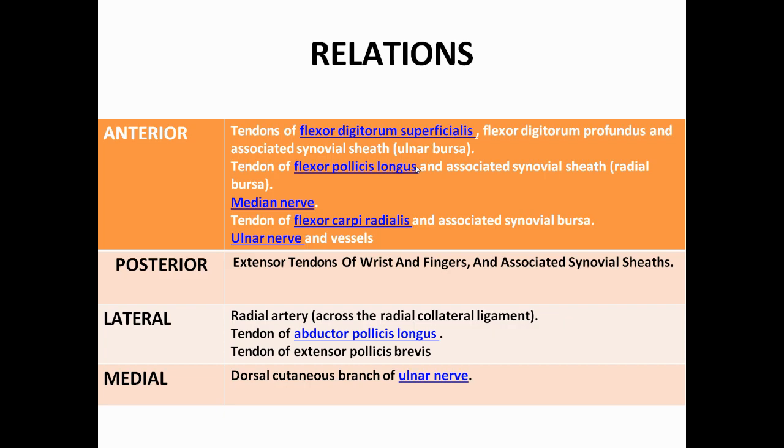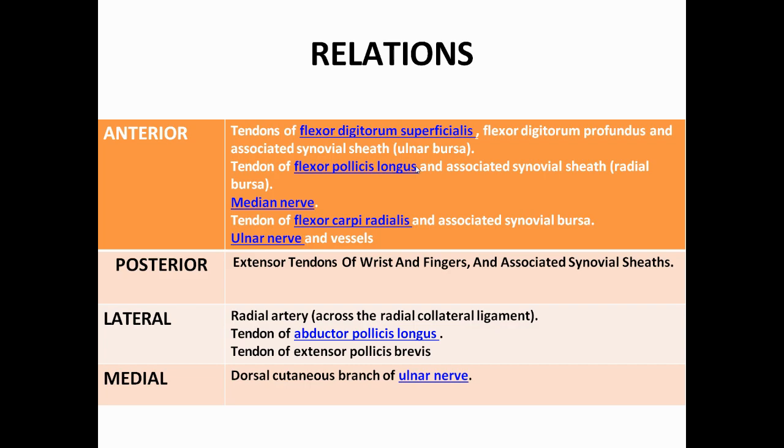What are the relations of the wrist joint? Anteriorly, there are the tendons of flexor digitorum superficialis, flexor digitorum profundus and associated synovial sheath, tendon of flexor pollicis longus and associated synovial sheath, median nerve, tendon of flexor carpi radialis and associated synovial bursa, ulnar nerve, and vessels.